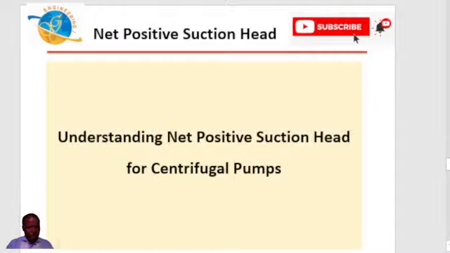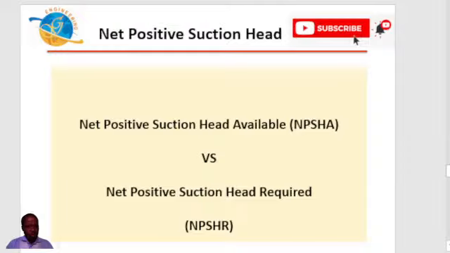So tonight we are going to move straight in. There are two considerations as far as net positive suction head is concerned. We have a concept called NPSHA, which is the net positive suction head available. Then we also have another concept, NPSHR.